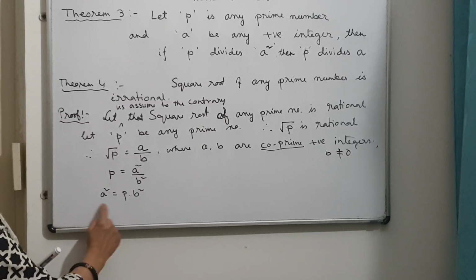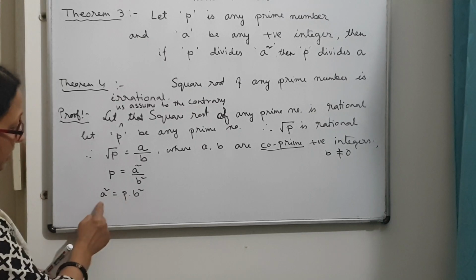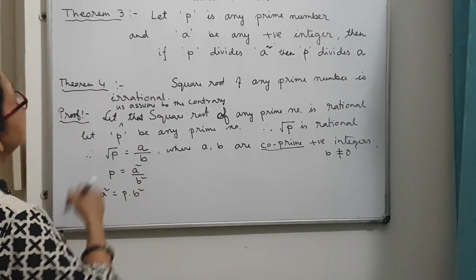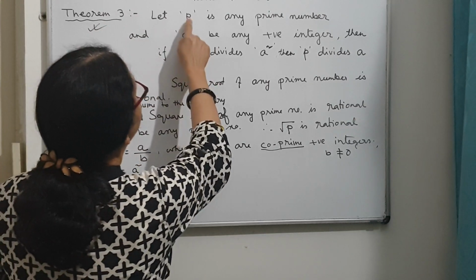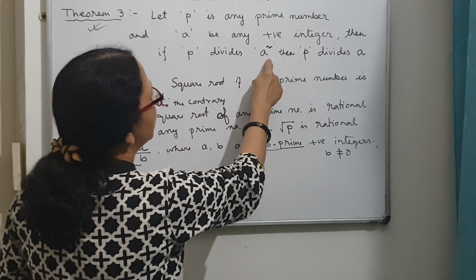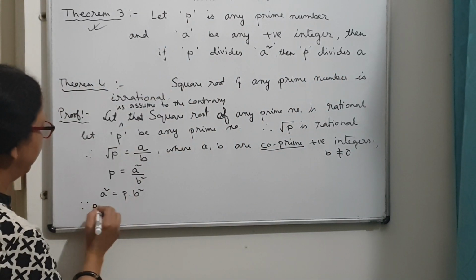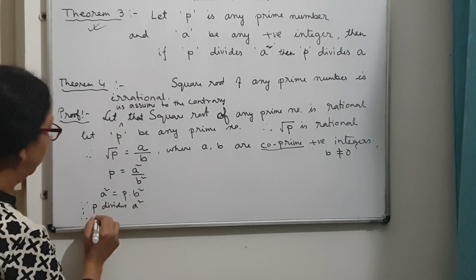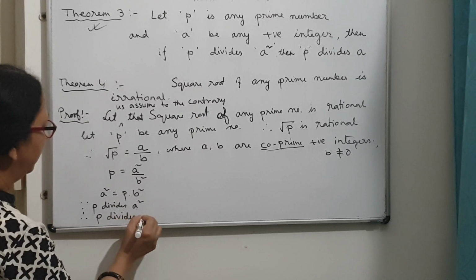You see, in this, p is a factor of a square. That means p divides a square. And p is a prime number we have taken. So by this theorem, if p is a prime number and p divides a square, then p divides a. Using this theorem, I can say, since p divides a square, therefore p divides a.